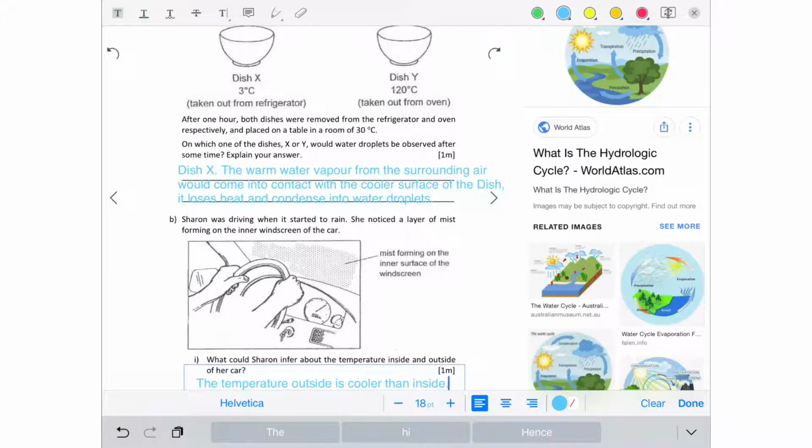So you can infer this immediately. Outside is cooler than the inside, right? If not, it's not going to condense this way. Okay? Then, next.